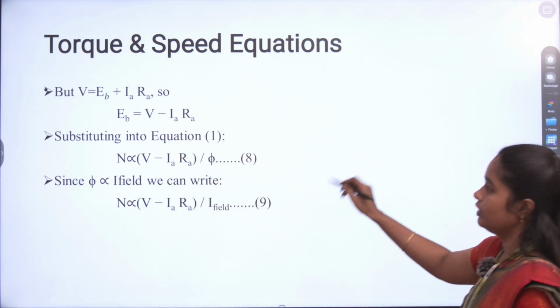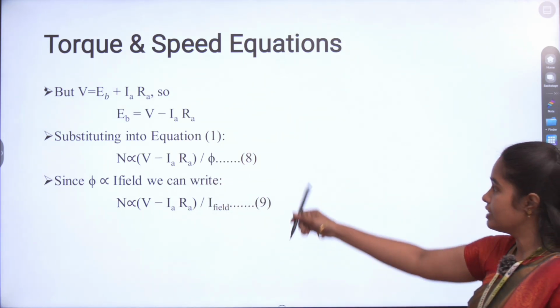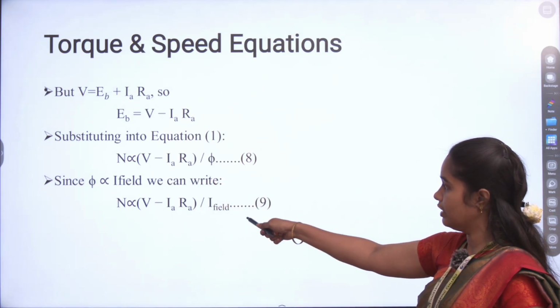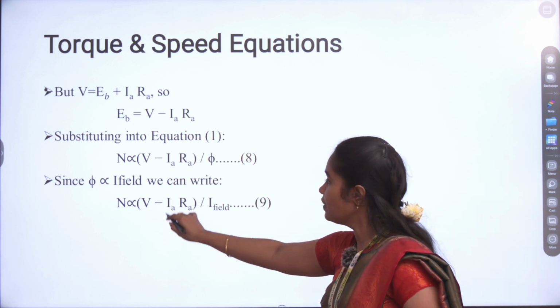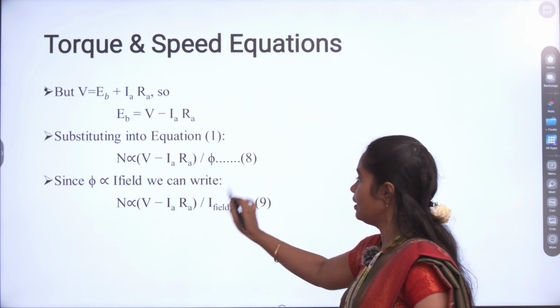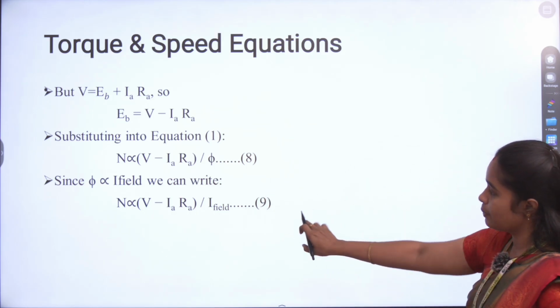Already I told that in a DC motor the produced flux is directly proportional to the field current. So N is directly proportional to V minus Ia Ra divided by field current. This is our speed equation.